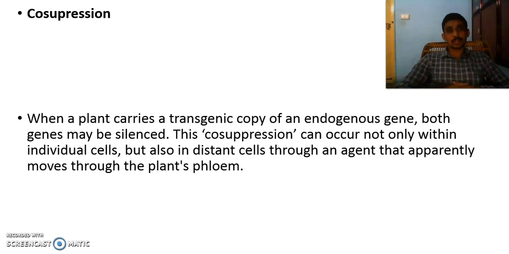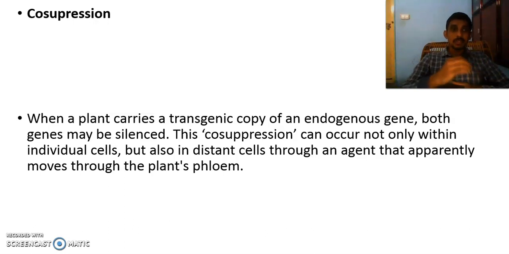That process is called co-suppression. That occurs when a transgene is present within the cell. But the presence of a transgene within one cell may inhibit the expression of the endogenous gene which is present within another cell also.